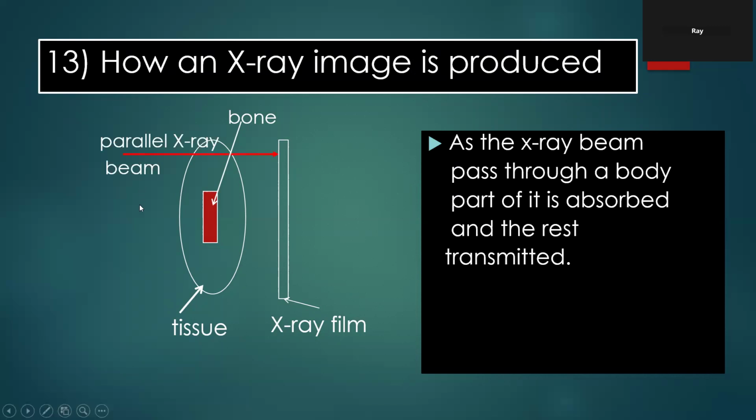This is a parallel beam. This one passes through the body, through the tissue. Some of it is absorbed by the bone and doesn't pass through. This one passes through the tissue again.